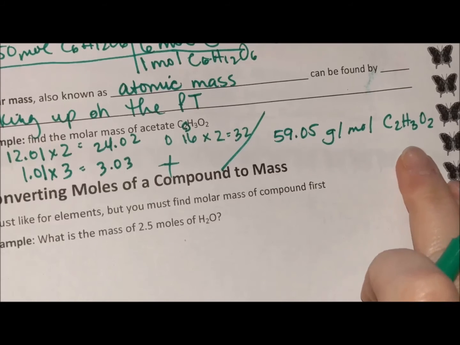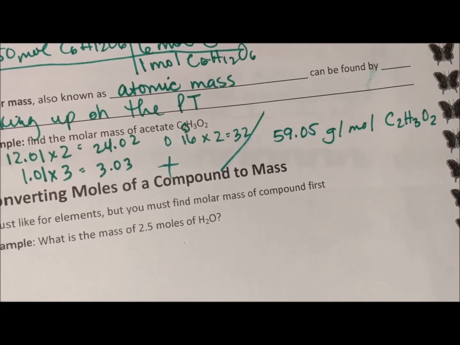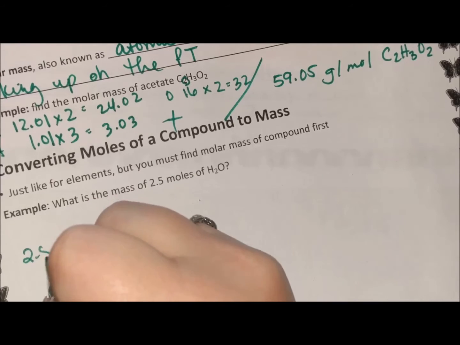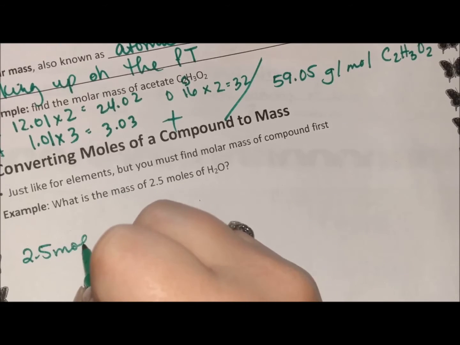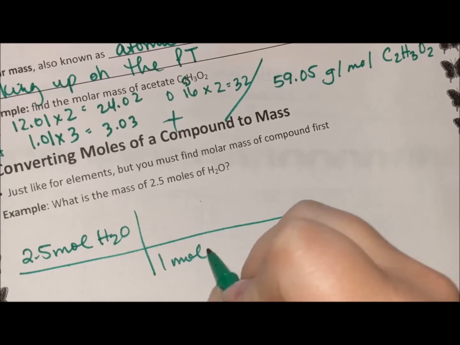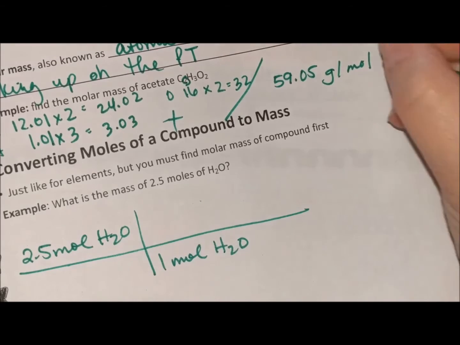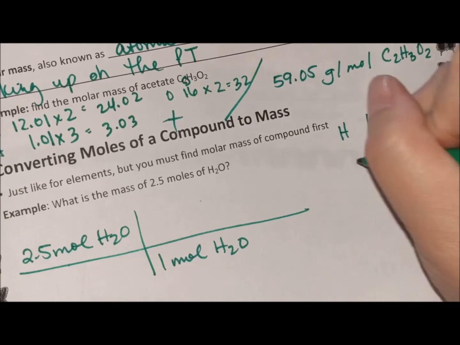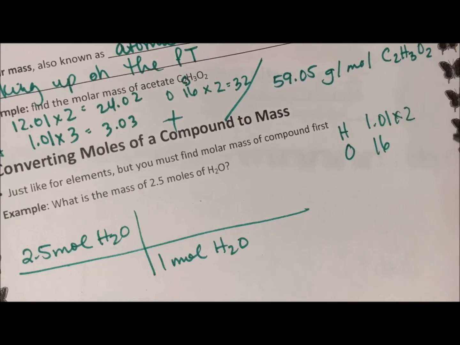So once you get that, then you can use it in the problem just like we've been doing. So what is the mass of 2.5 moles of water? Well, in 1 mole of water, I need to figure out the mass. So H is 1.01 times 2, and O is 16.